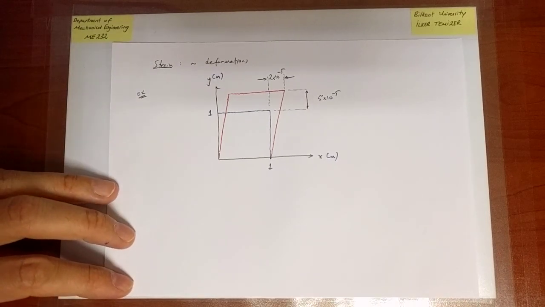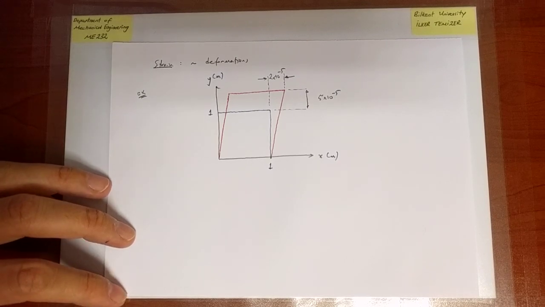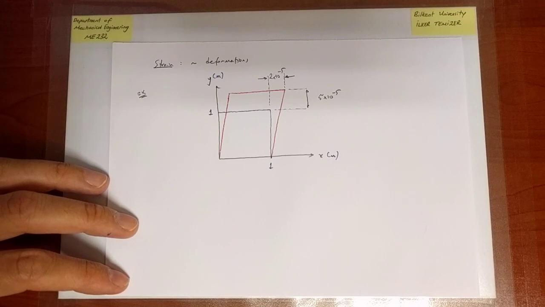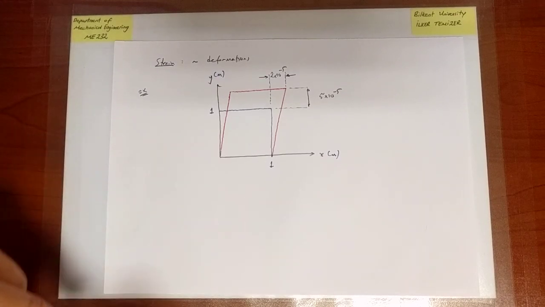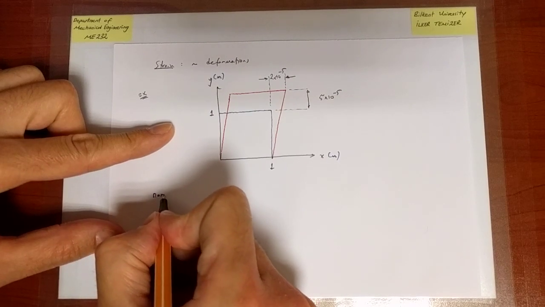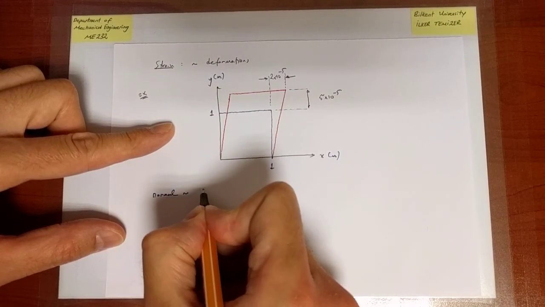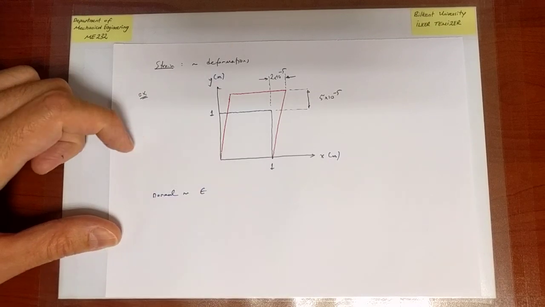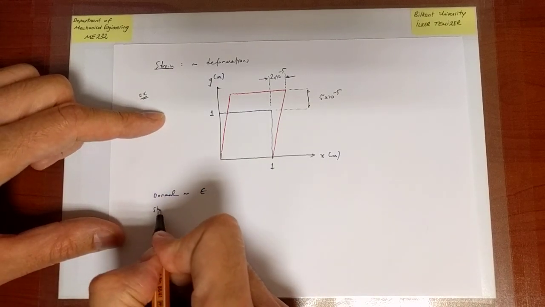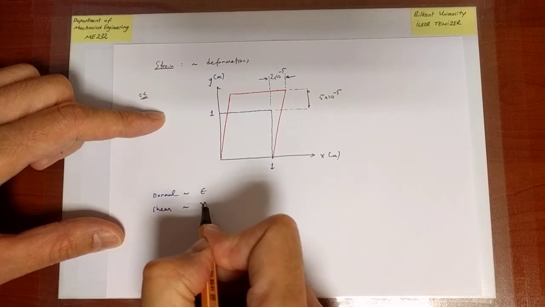Now, the first thing we can recall is that the strain will also have normal and shear components. The normal strains will be indicated with epsilon, and the shear strains will be indicated with gamma.